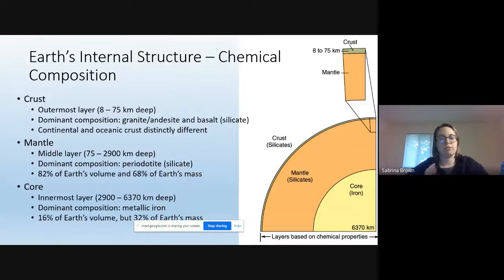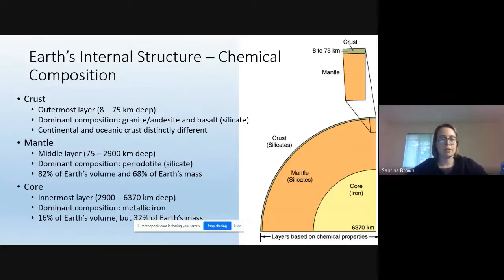So on Earth, the lightest elements are found near the outside, and then as you go farther and farther into the Earth, into the center of the Earth, those elements get heavier and heavier. So the mantle is the middle layer. It is dominantly composed of a silicate mineral that is a little bit denser called peridotite.